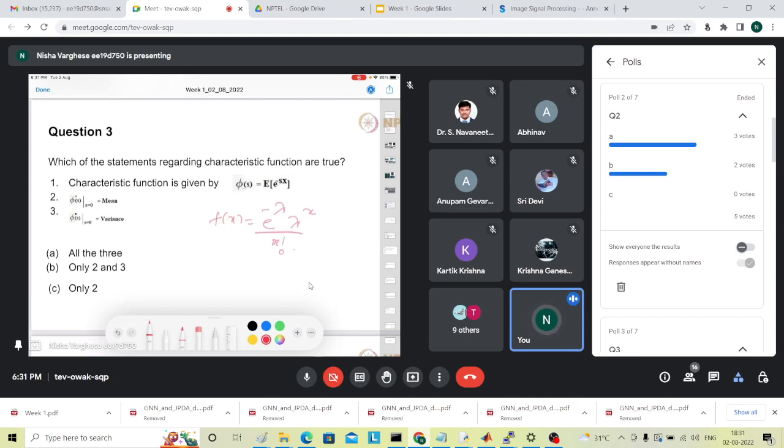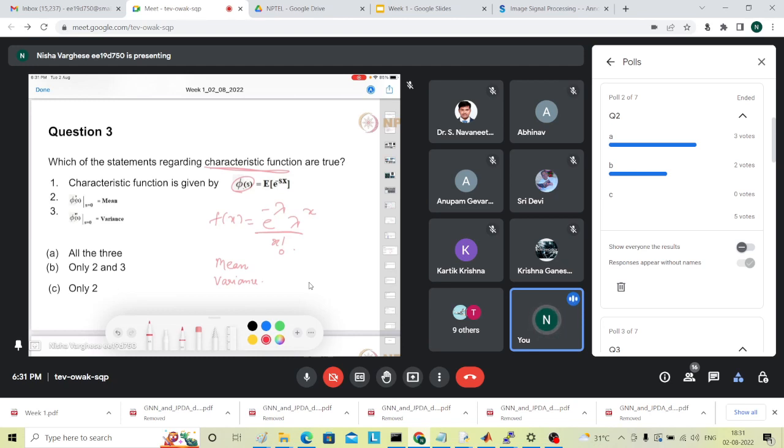Using this probability distribution, in the videos the mean value and variance were found out, right? Using what? The characteristic function, denoted by phi of s. Here you are given three statements.